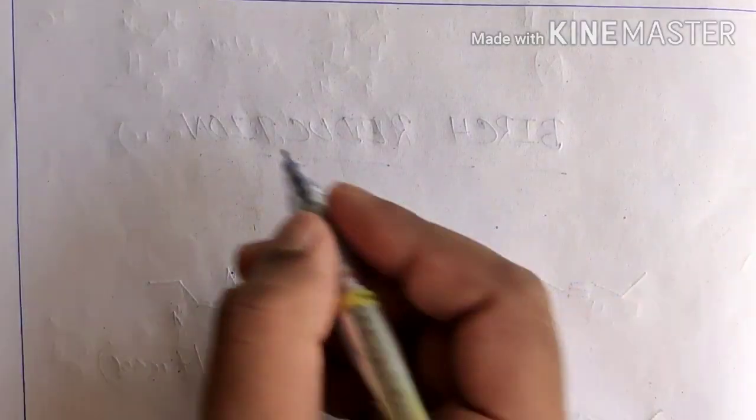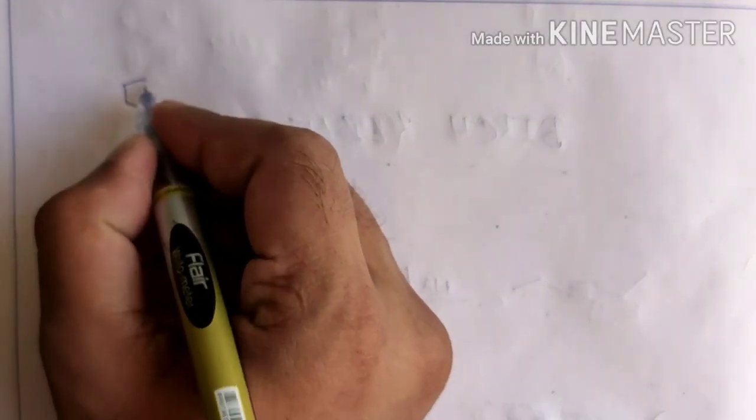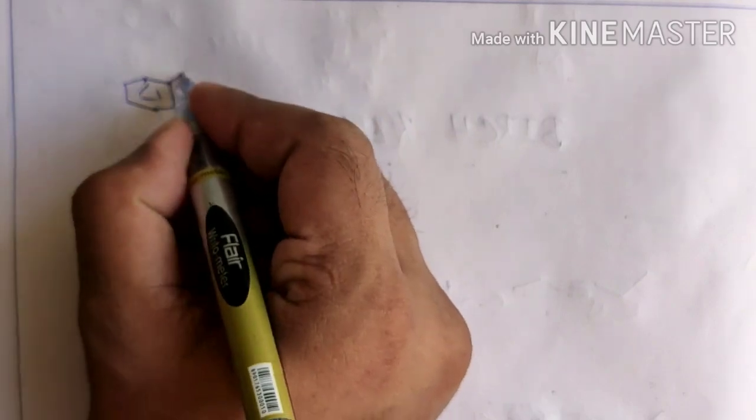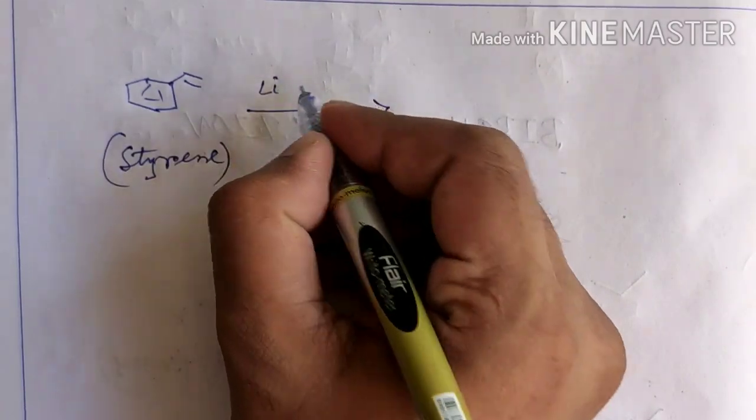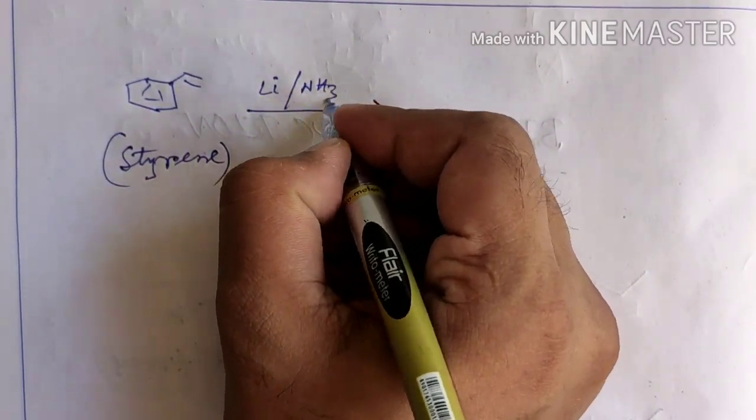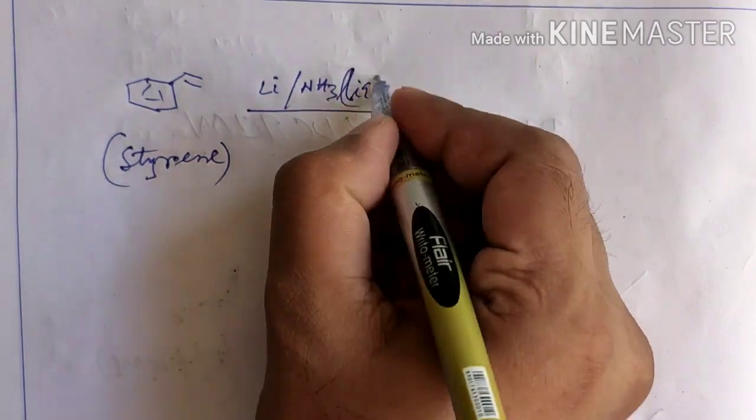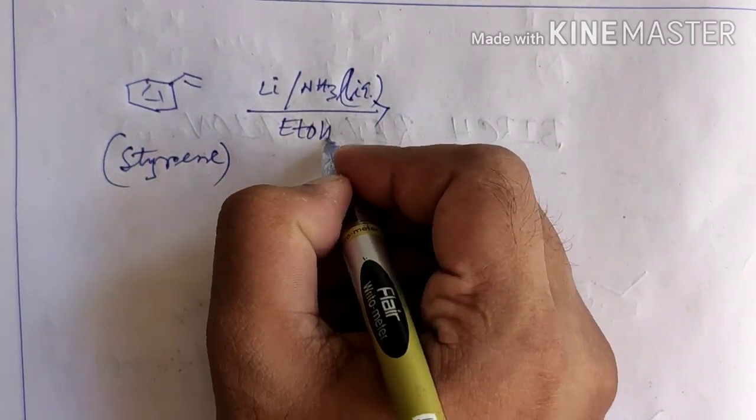The next question is a very important question: if you are given styrene and you perform the Birch reduction with lithium, liquid ammonia and ethanol solvent, what will be the product?